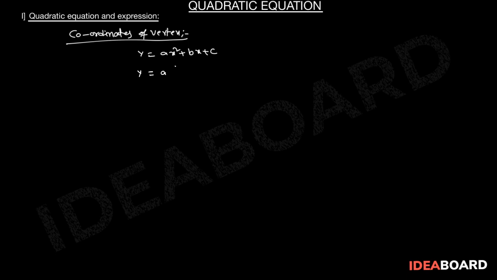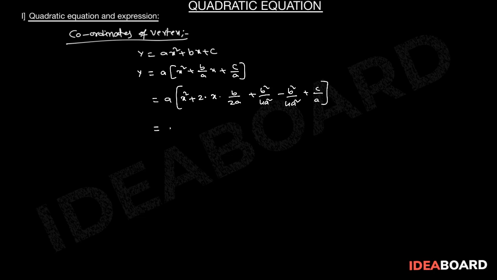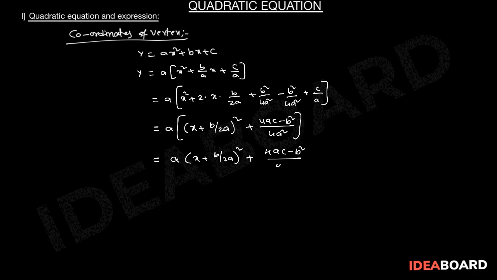Y equal to a, taking a common, x square plus b by a into x plus c by a, that equal to a into x square plus 2 into x into b by 2a plus b square by 4a square minus b square by 4a square plus c by a, that equal to a into (x plus b by 2a) whole square plus (4ac minus b square) by 4a square, that equal to a into (x plus b by 2a) whole square plus (4ac minus b square) by 4a.